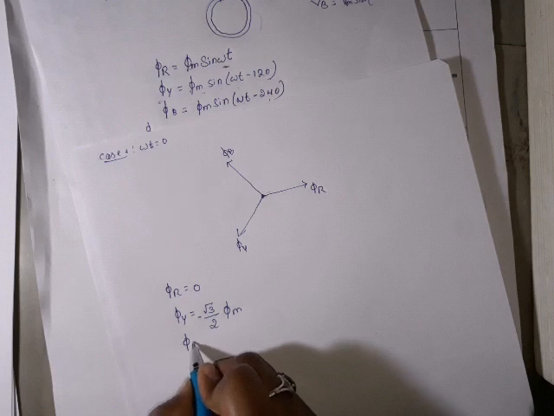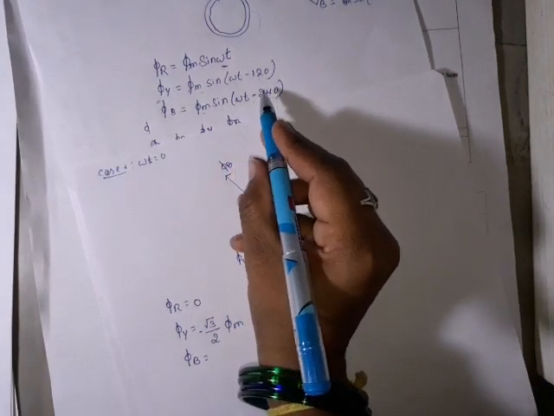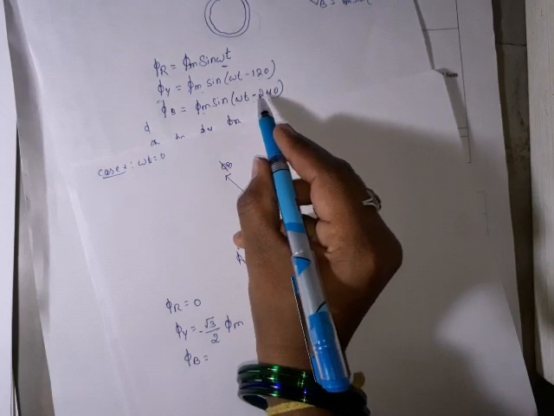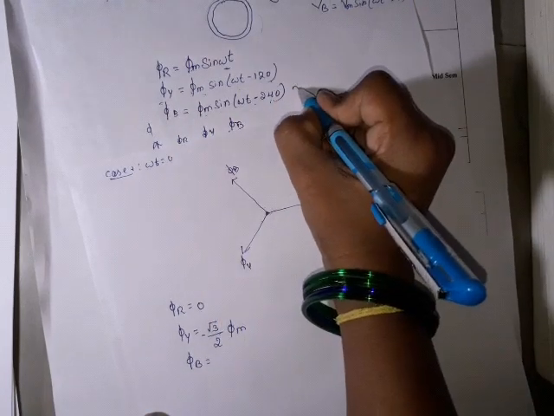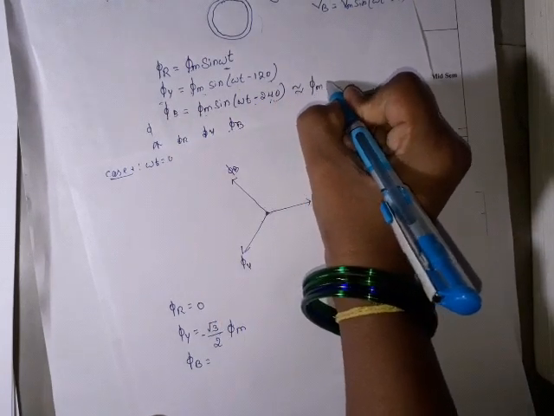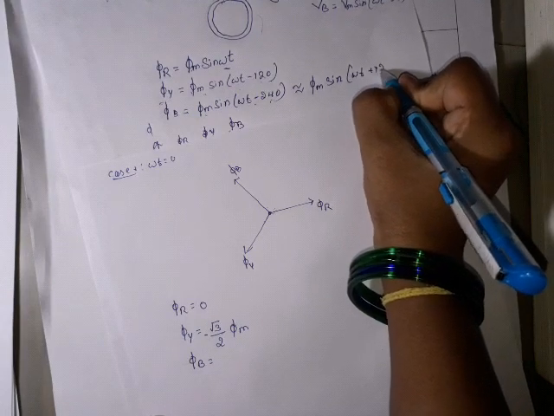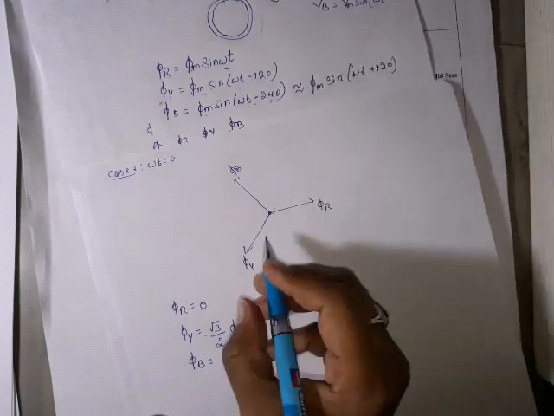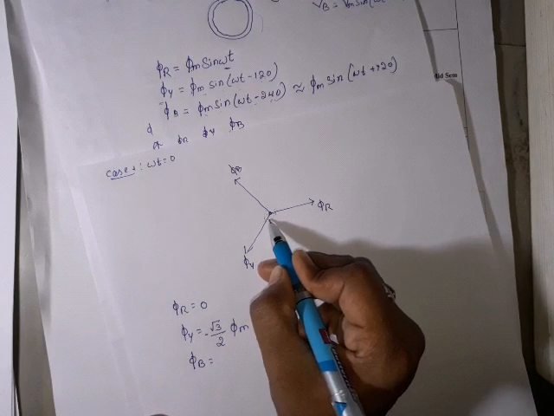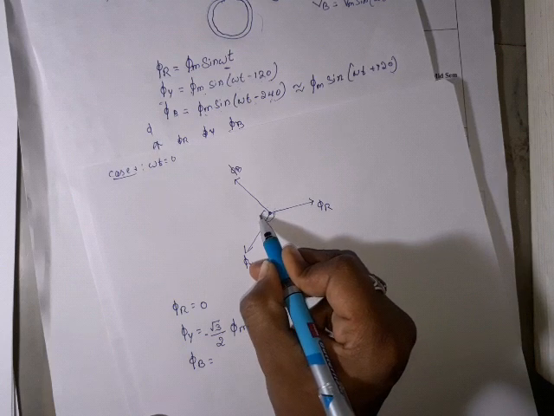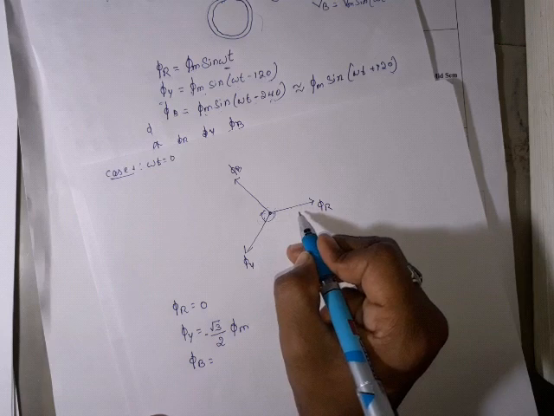Similarly, calculate phi b. What is the value of phi b? Phi m sin omega t minus 240. Omega t minus 240 is nothing but omega t plus 120. We can write this equation as phi m sin omega t plus 120. Why? How will it be plus 120? See here, if you take the clockwise direction, from here to here, that is minus 240, because your phi b is lagging behind phi r.